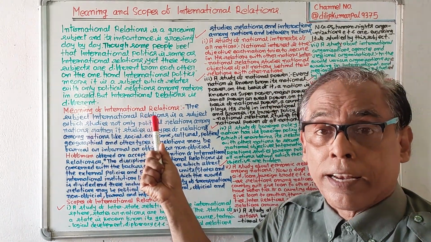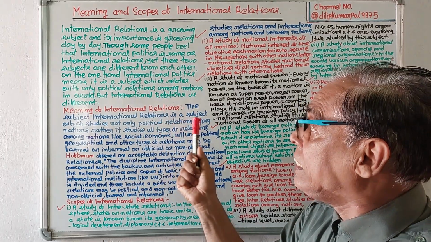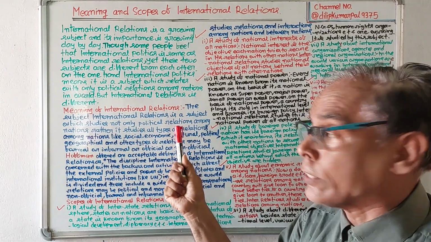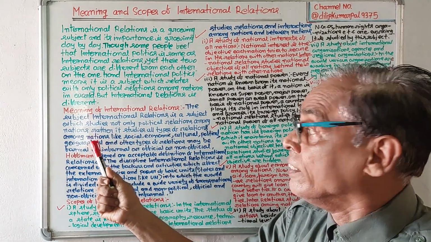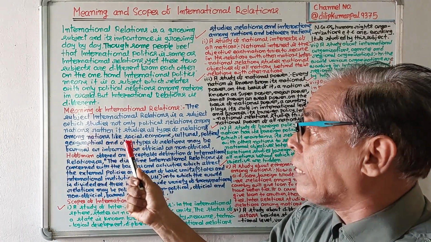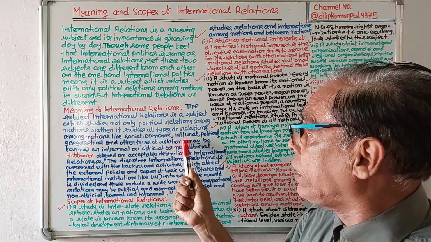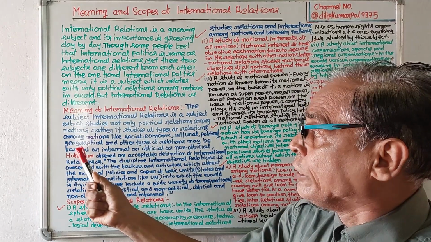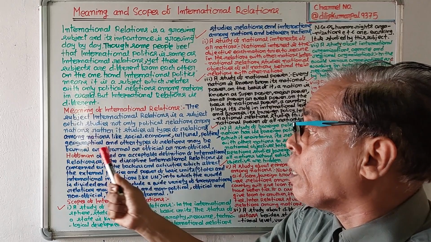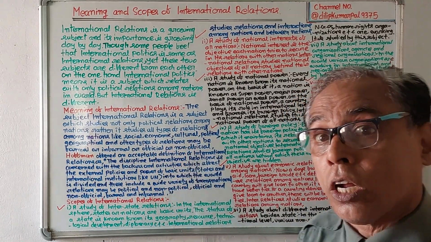So, what is international relations? The subject international relations studies not only political relations among nations, rather it studies all types of relations among nations like social, economic, cultural, political, geographical relationships, and other types of relations, may be formal or informal, official or non-official.